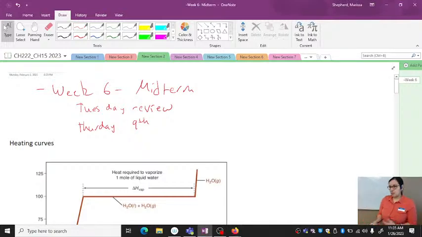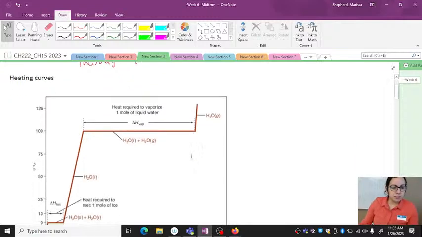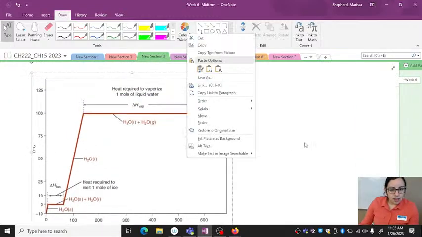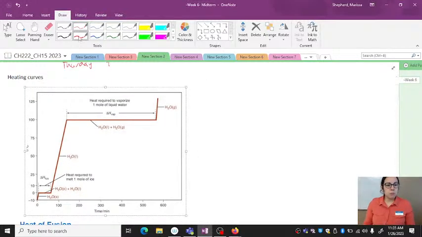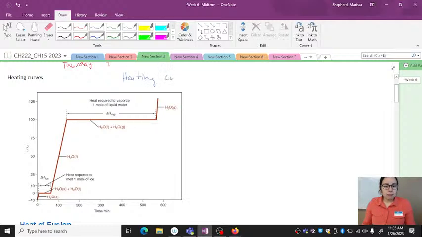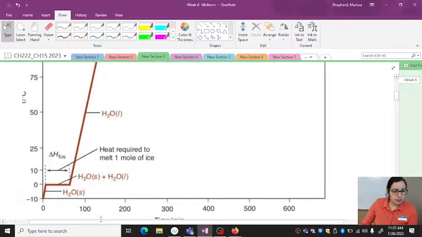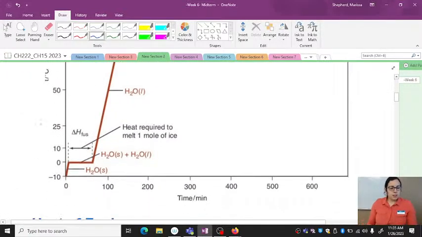All right, so let's go back to this heating curve. We're looking specifically with this one at the heating curve of water. So let's see where it starts off. This chart shows it around negative 10 degrees Celsius.